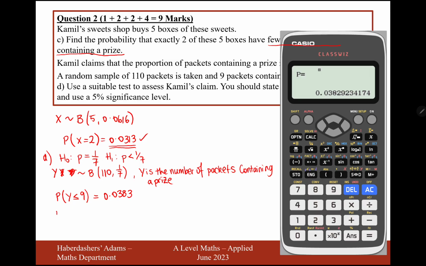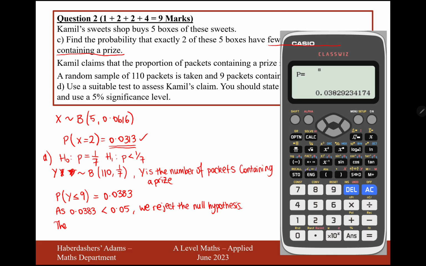So sentence 1, as 0.0383 is less than 0.05, we reject the null hypothesis. Because it's quite a low probability, less than 5%, it's very unlikely that 9 or fewer packets contained a prize, so there's probably something to Camille's claim.